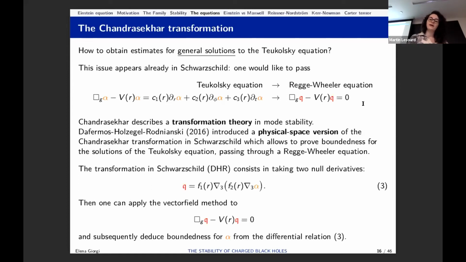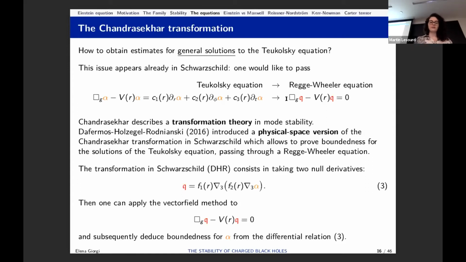But this was found by Chandrasekhar in the mode decomposed picture, and also by Ronianski in the physical space picture. And once you have an equation with just a D'Alembert operator and a good positive potential, I should say, then this can be studied pretty much like a scalar wave equation.